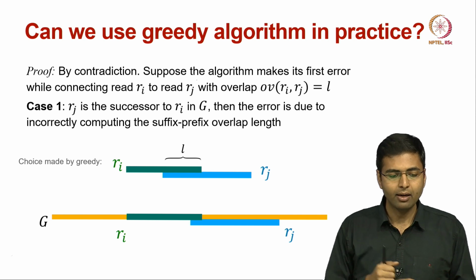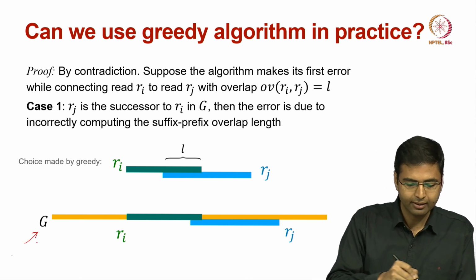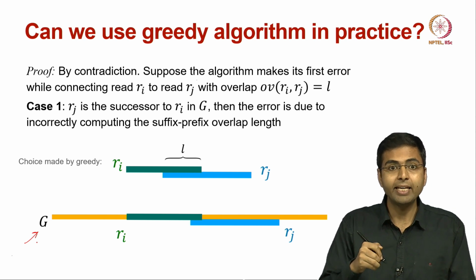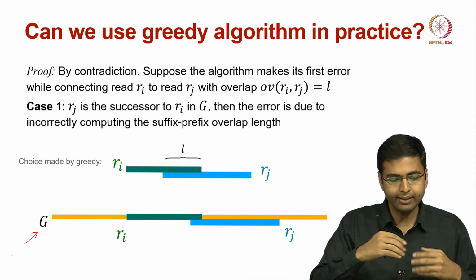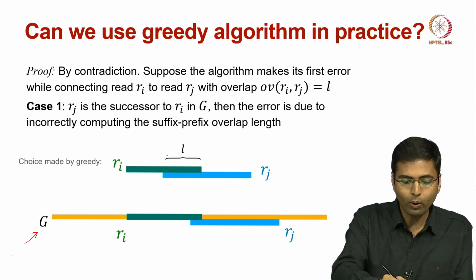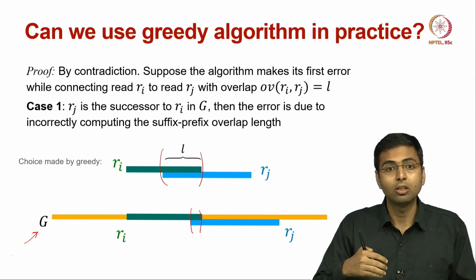So, in case 1, Rj is actually the correct successor of Ri, but we made a mistake in judging the overlap length between Ri and Rj. That is, the greedy algorithm considered the overlap length to be L, whereas the correct overlap length was shorter.